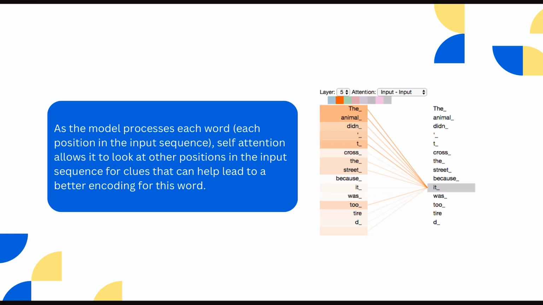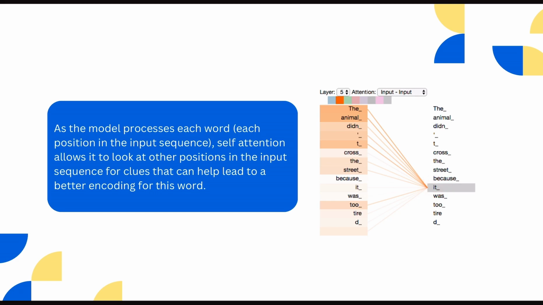As the model processes each word, each position in the input sequence, self-attention allows it to look at other positions in the input sequence for clues that can help lead to a better encoding for this word. So self-attention enables the model to associate each word with the relevant context in the sentence.